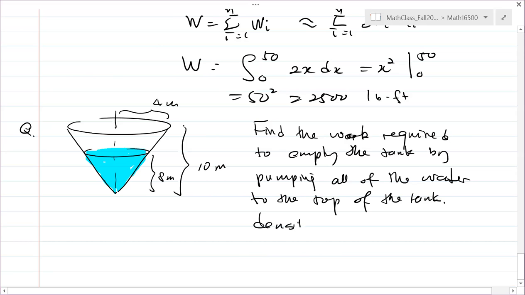I know the density of the water is going to be 1,000 kg per cubic meter.